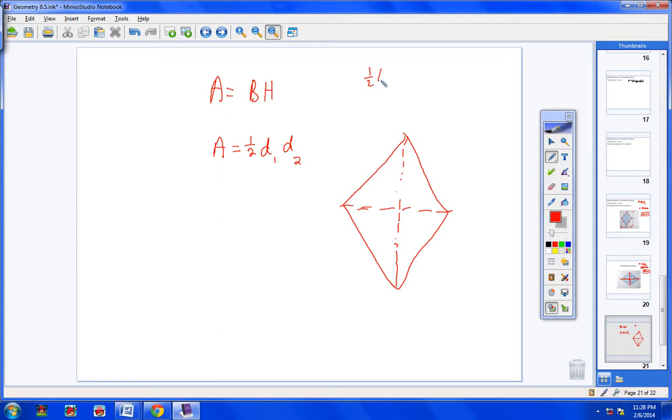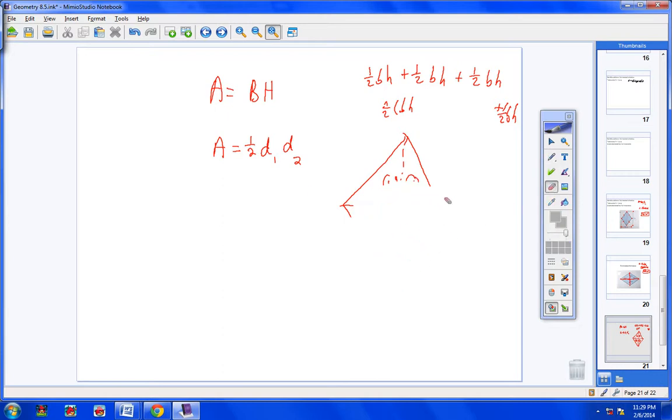It'd be 1/2 base times height plus 1/2 base times height plus 1/2 base times height plus 1/2 base times height, because you'll find the area of one triangle, two triangles, three triangles, four triangles, and then factor out a 1/2, and you're left with your base. If you factor a 1/2 out, you're going to be left with BH plus BH plus BH plus BH. And if you did all your work, it would simplify down to this formula here.